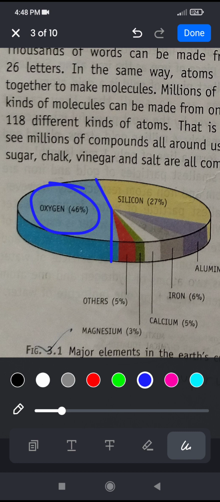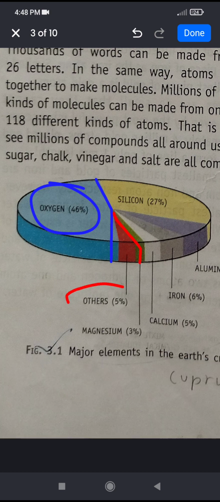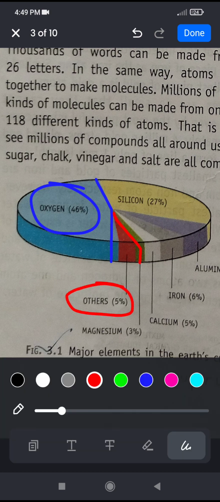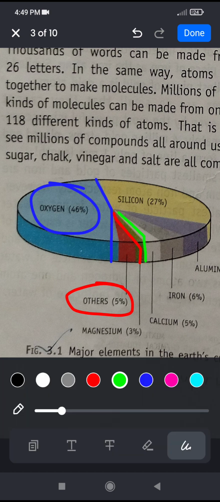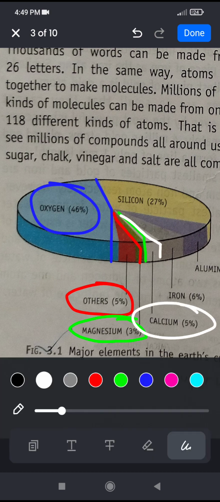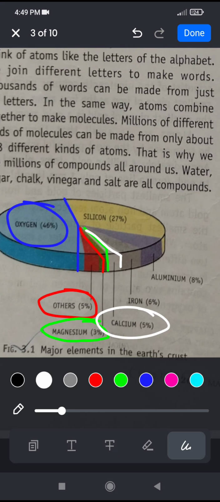Oxygen is 46% in our earth. Then the red color shows other elements, which is 5%. Then green is magnesium, which is less, 3% in our earth. Then white defines calcium, which is 5%.